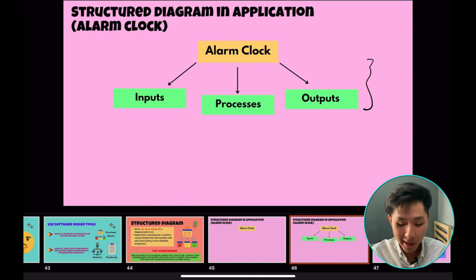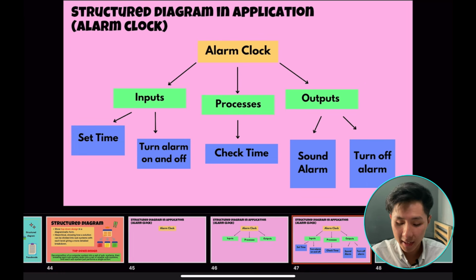The input of an alarm clock would be how you set the alarm, how you set the timer, how you press the stop button. The processes would be how the alarm clock checks whether the current time meets the set alarm time. And the output would be how the alarm would ring and how it would send notifications and so on.